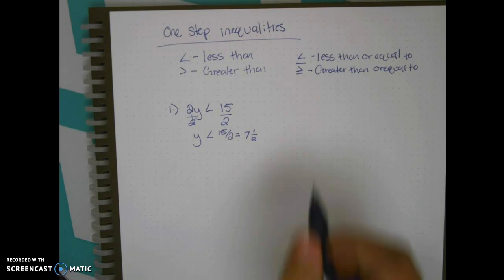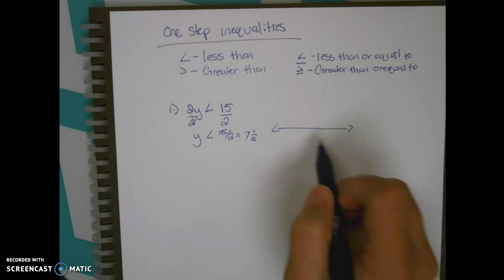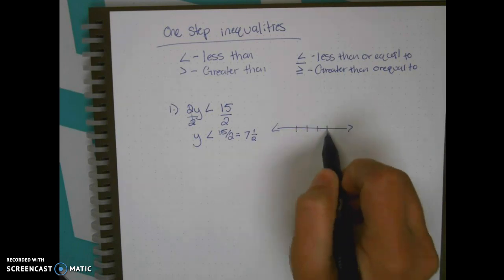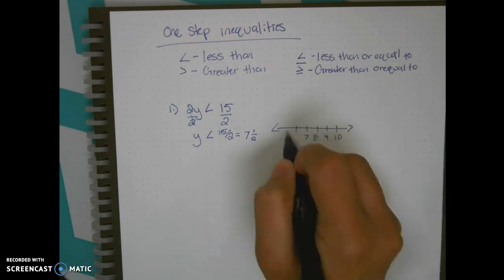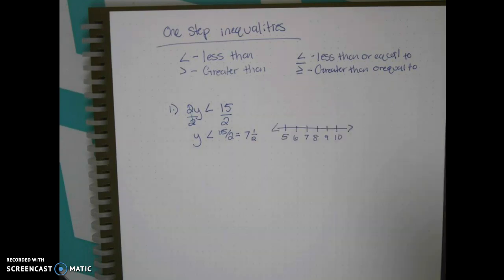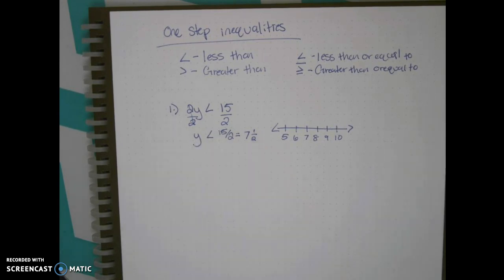So how I'm going to graph it is I'm going to draw my number line. I'm going to put 7, 8, 9, and 10. So what's going to happen here is I know that this tells me that it's an open circle. Less than or greater than will always be an open circle because the number is not included.